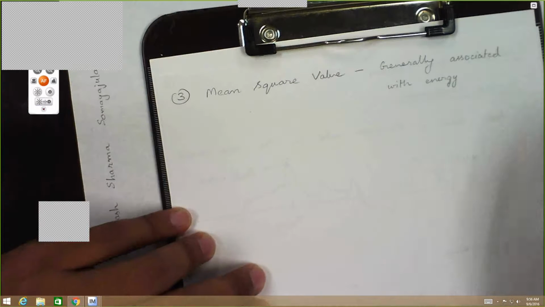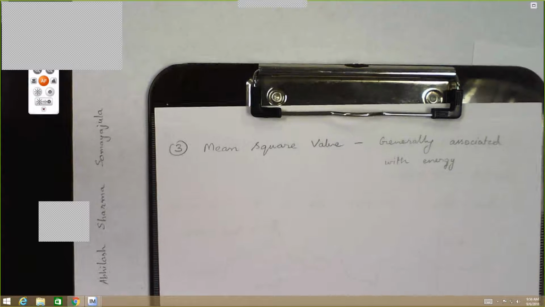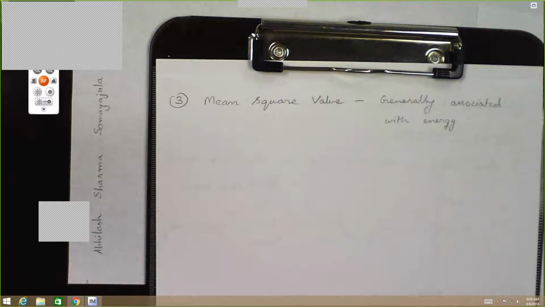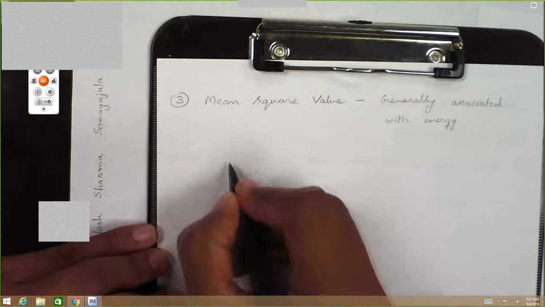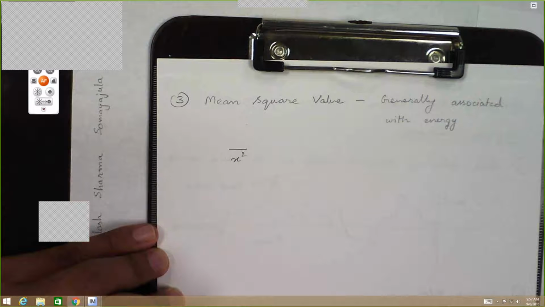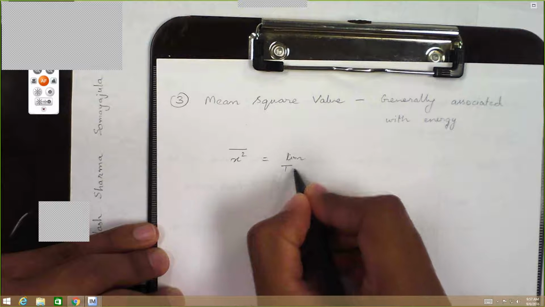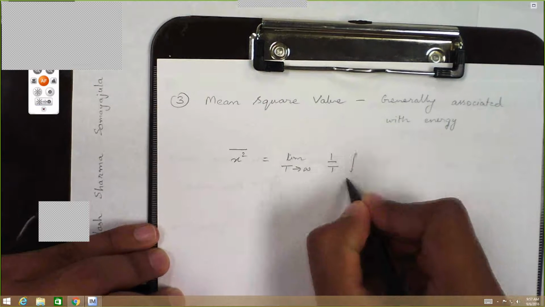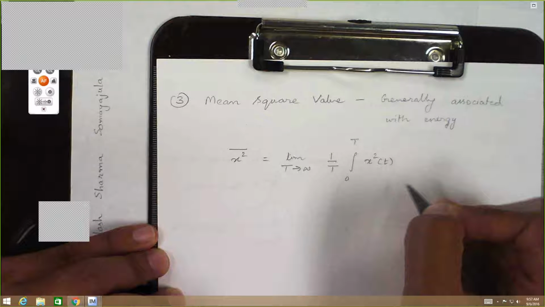So it's kind of representative of how much energy there is in the system. And this one is nothing but an average value of square of the signal. So it's x square bar, or in other words, limit t tends to infinity 1 over t. So it's an average 0 to t, but instead of x of t, we have x square of t dt.